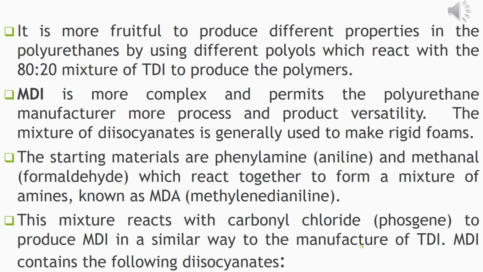When they have different properties, they will be more fruitful, and they will be used in a versatile manner in different places and different scenarios. So MDI is more complex.